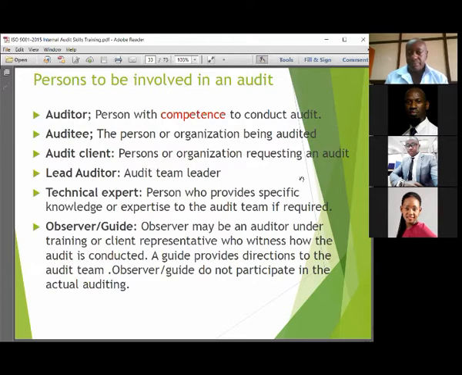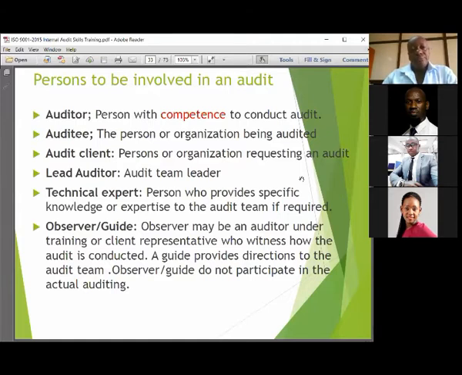Technical experts would be a person who provides specific knowledge or expertise to the audit team if required. Note the last words there, if required. At times, you may require a technical expert to accompany the team. If the area is very technical, very complicated, you can get somebody on board to come and help you understand the process and see whether things are done according to the expectation of that expertise.